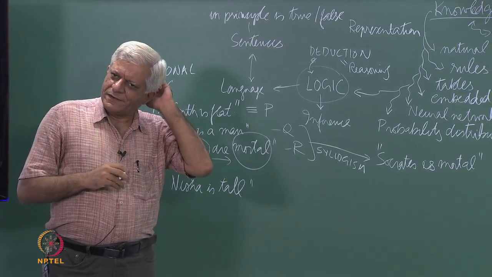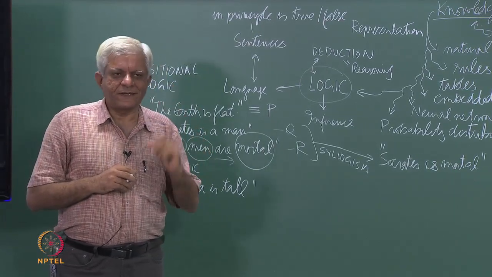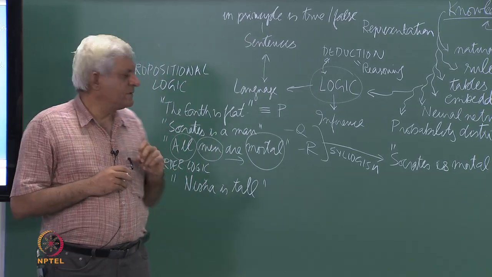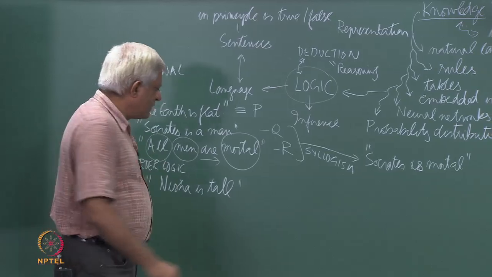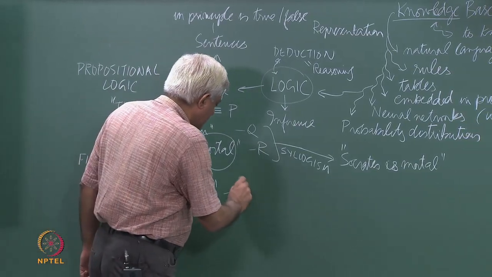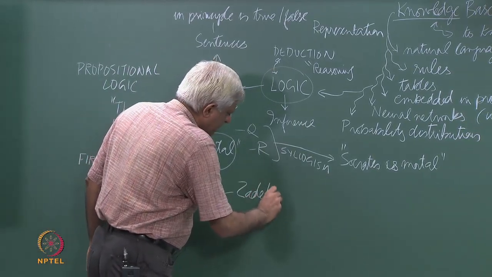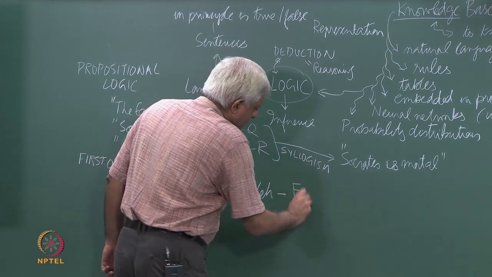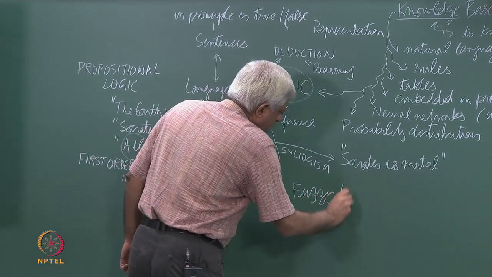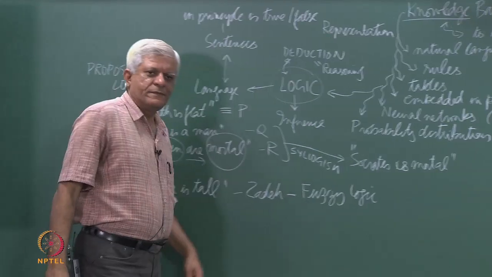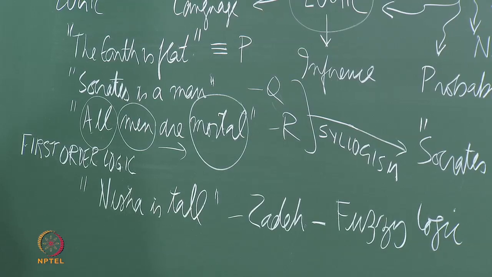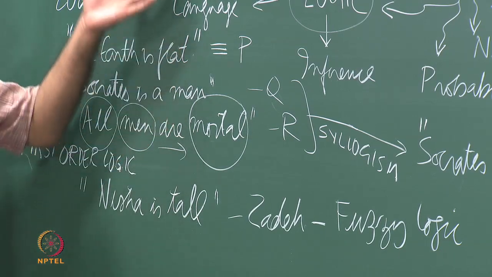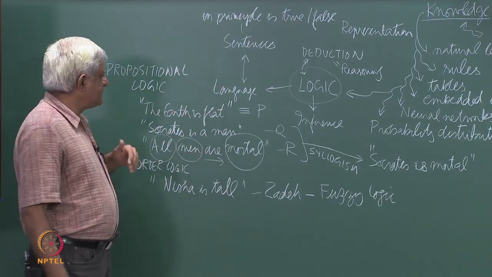And many people felt that that is not what you should do, and one of them was Lotfi Zadeh, you must have heard about him, who devised this thing called fuzzy logic. So, fuzzy logic is different from what is used here.